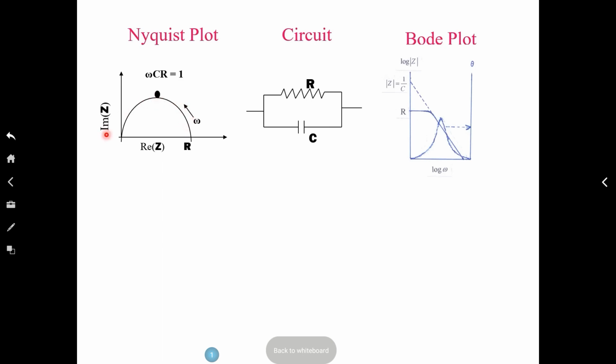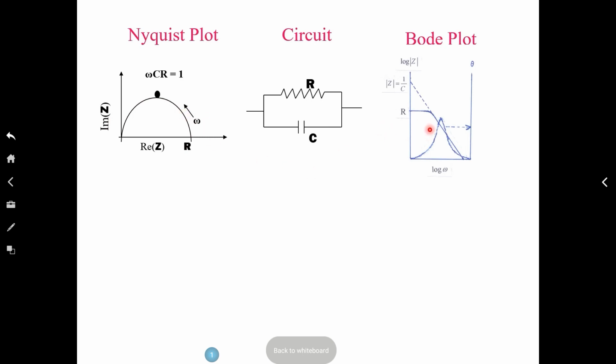It may not lie on the perimeter of the semicircle. It depends on the quality. And you have to do a non-linear least squares fit of your data to a certain equation.